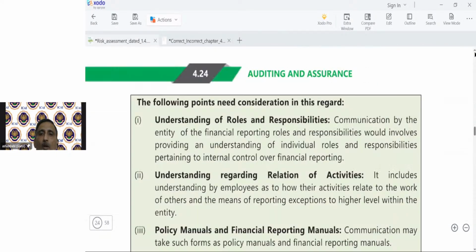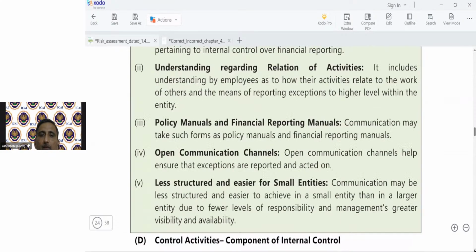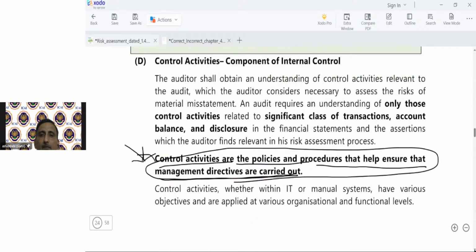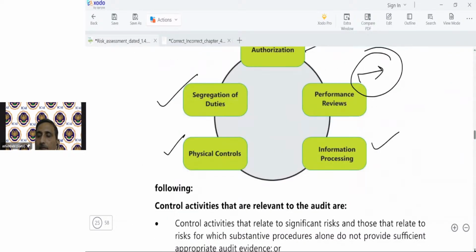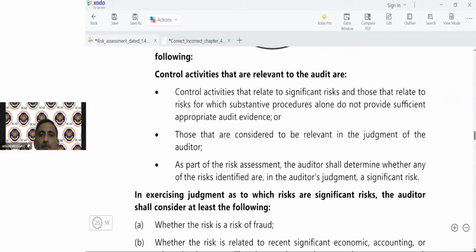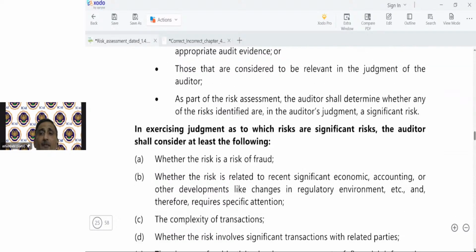So there is one more subtopic in controls. It is significant risks.